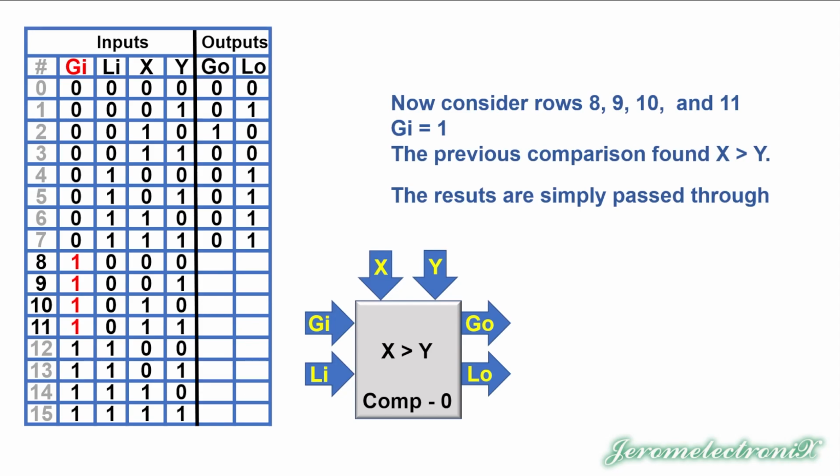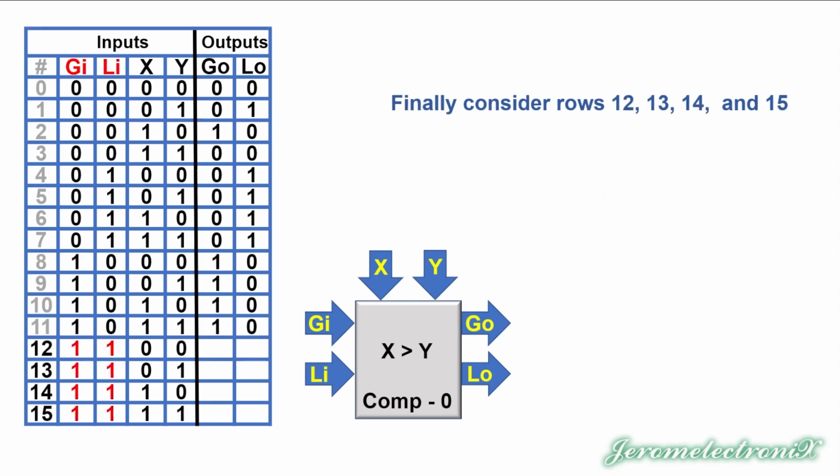So again, the results are simply passed through. And in these cases, we know that byte x is greater than y in all of these instances, not because of this comparator, but from previous information probably discovered by a previous comparator.